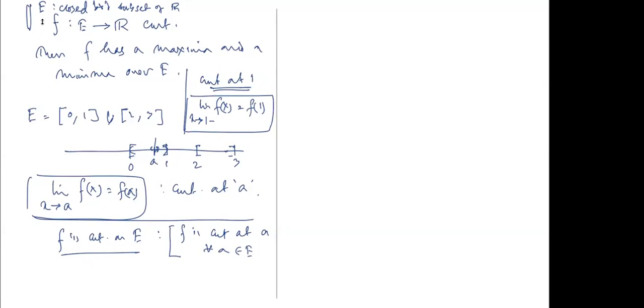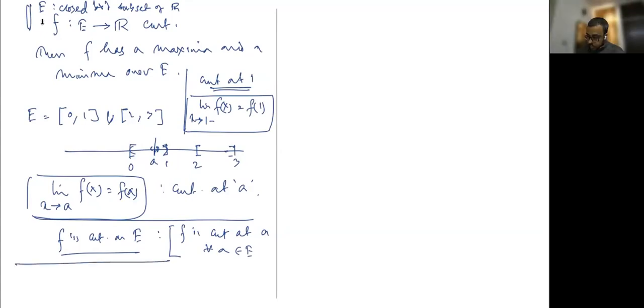Okay, so actually if you recall, when I defined limit, I had just remarked that we would define it only for the case where f is defined in a deleted neighborhood of a.